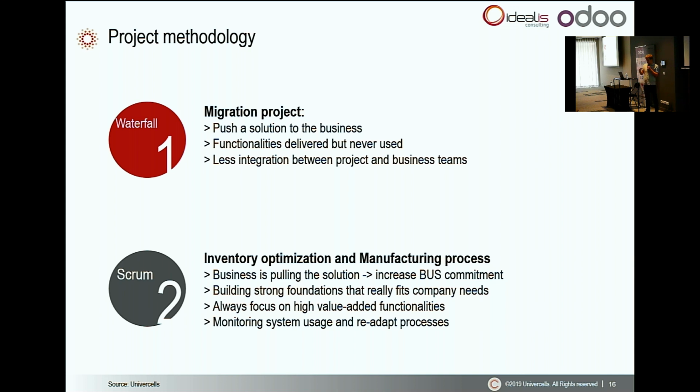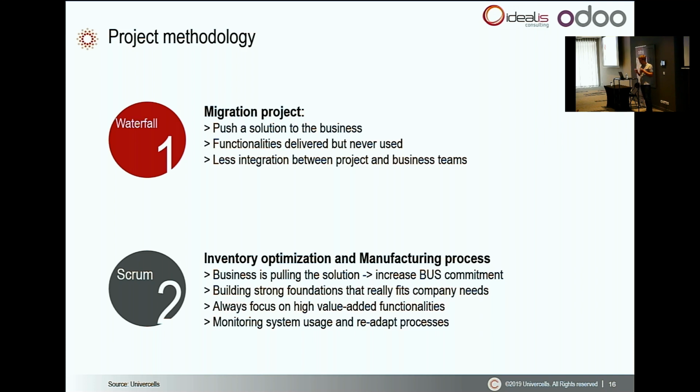When you use waterfall, it's like pushing a solution to the business, and sometimes with a company like Universals, the business is not ready enough or does not understand what we are doing. That's why we changed the way we work, and we now work with the Scrum methodology, which is a common one now.